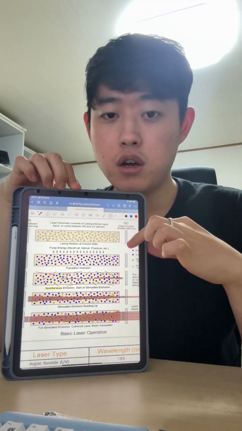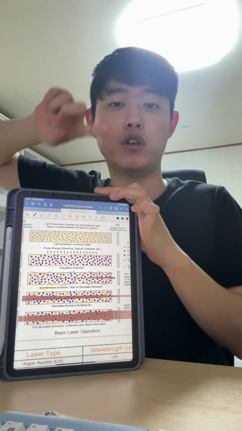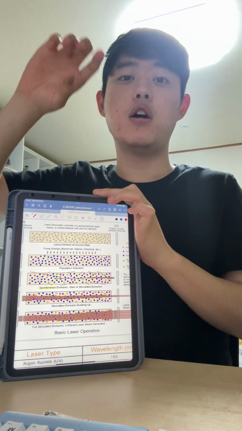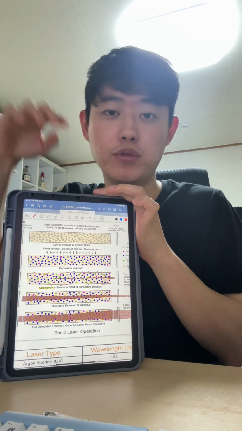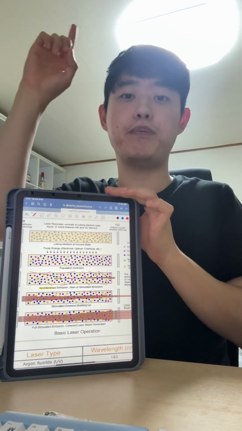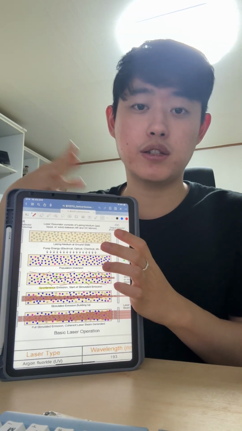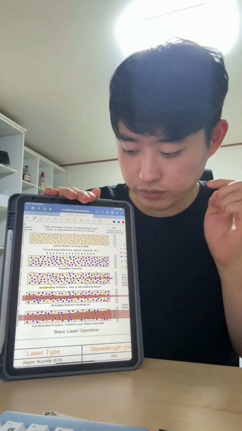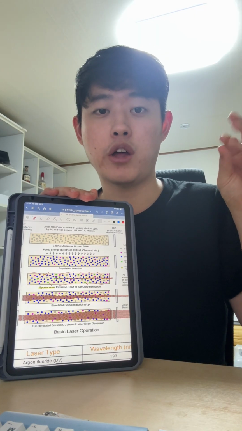So this is the laser's operation sequence. First, pump energy into the electron, from the valence band to the conduction band. So the electron goes up, then goes down in spontaneous emission, and light emission starts to stimulate other atoms.